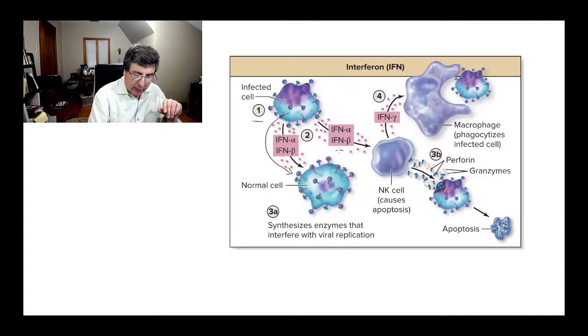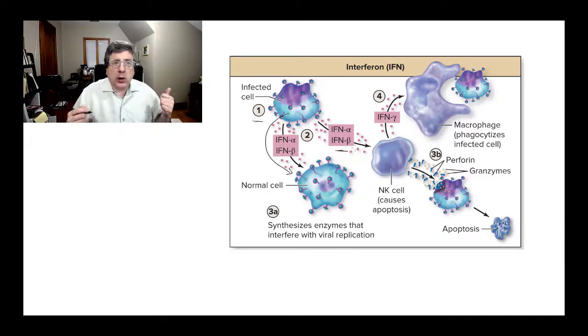Alpha and beta interferon also will stimulate the natural killer cell. And as you recall, the natural killer cells secrete perforin and granzymes. So the natural killer cell will find an infected cell, release perforin and granzymes, and that stimulates cell death through apoptosis.